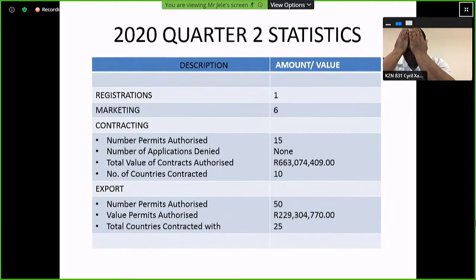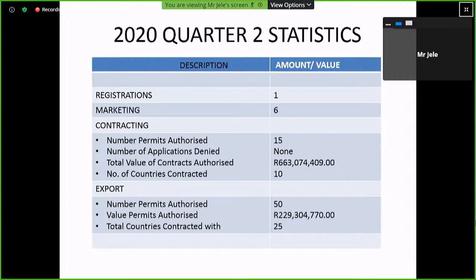Mr. Jelle, is it possible to give us the economic analysis? I will do that, Chair. I'm not too sure what your dates are when you meet industry, but I will provide slides that indicate changes and comparisons between various quarters.